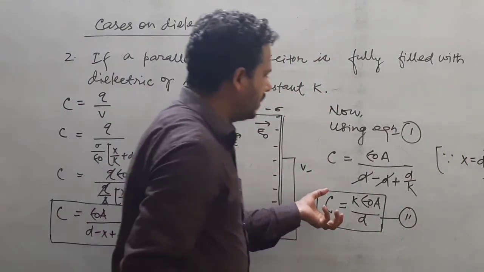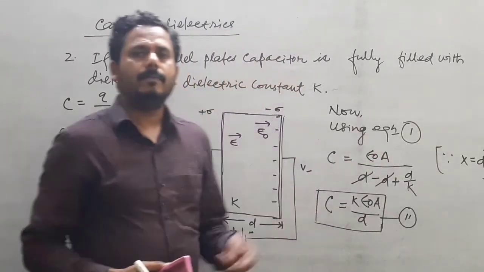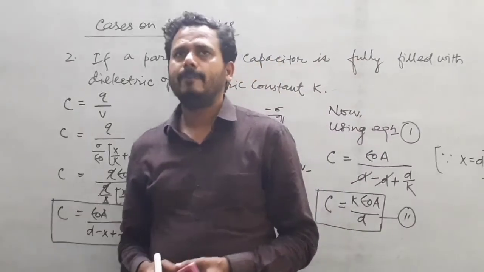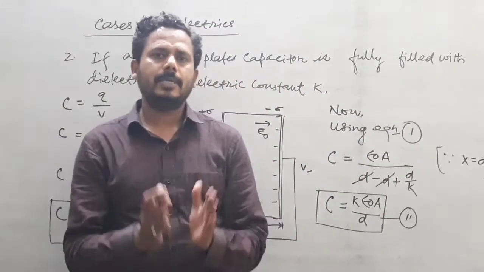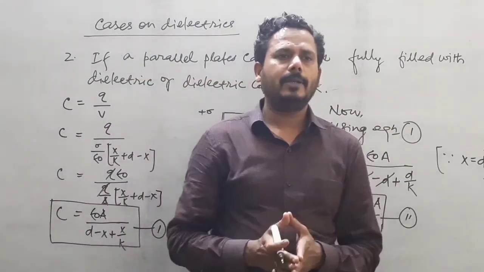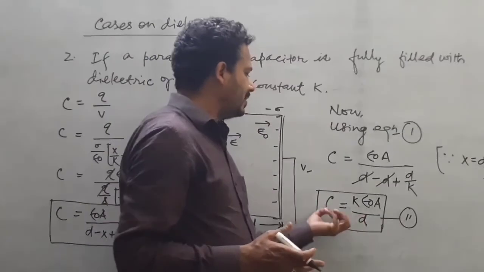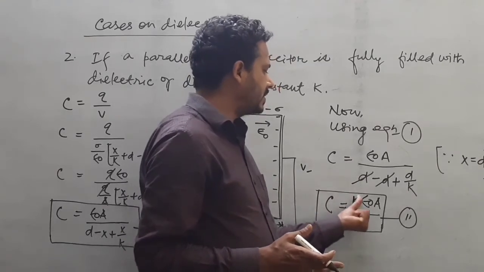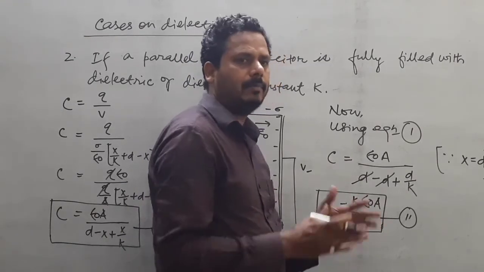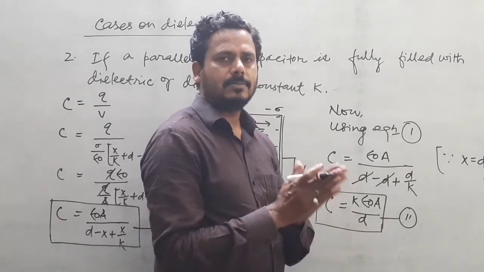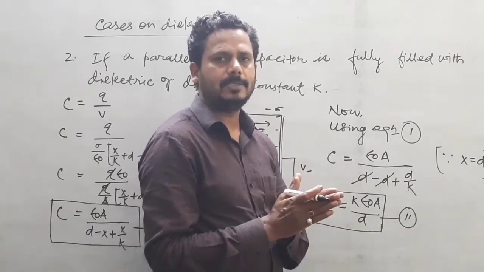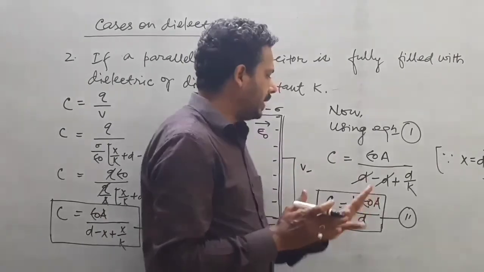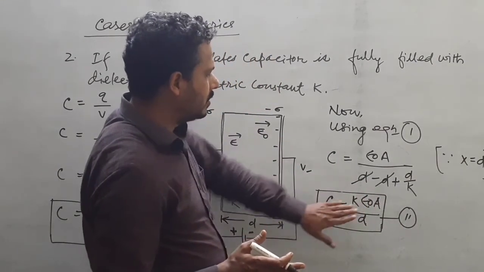Using this equation, you see this equation we have used in a previous concept where we used a dielectric, and there I told you that whenever we put a dielectric fully in between the parallel plate capacitor, the capacitance will change, and it would be K times epsilon naught A by D. Whenever the capacitor is fully empty between the plates, with no dielectric, either vacuum or air, it will be only epsilon naught A by D. So this one is just like C dash.